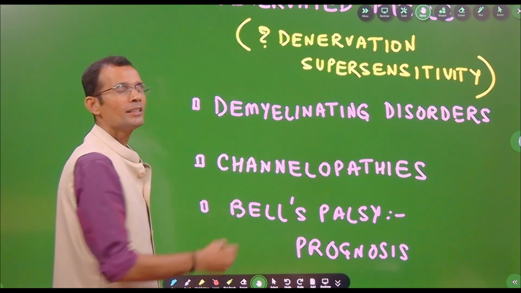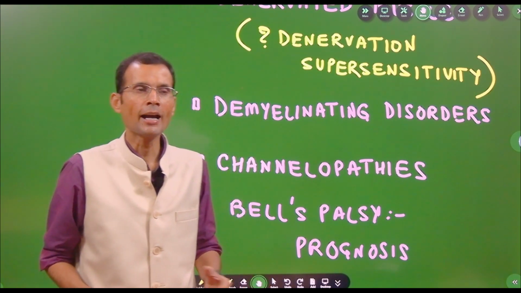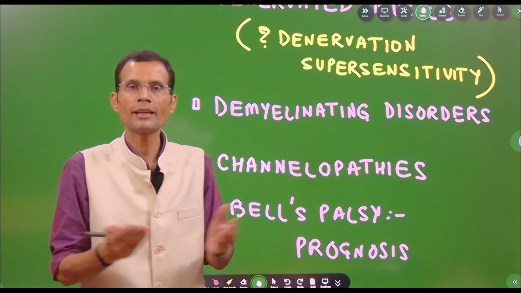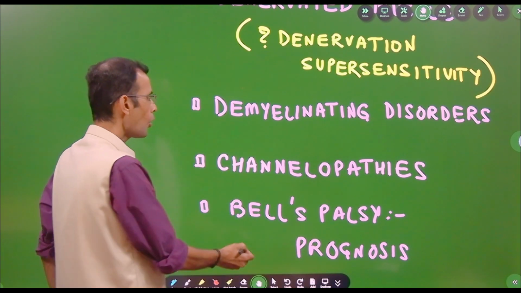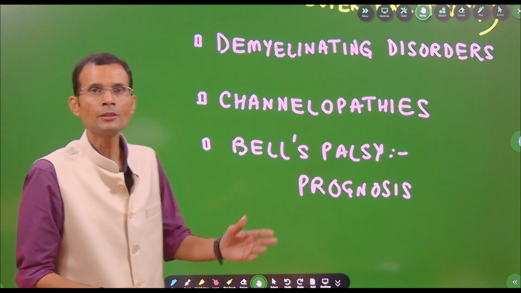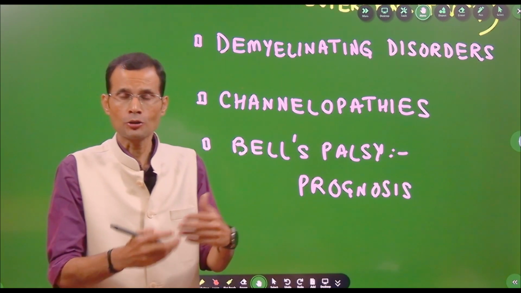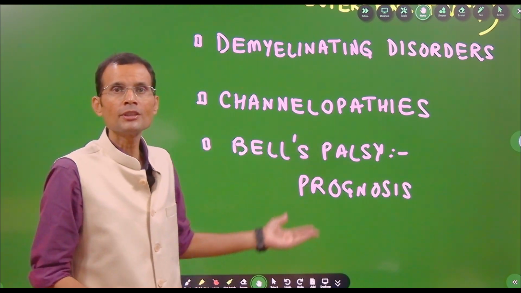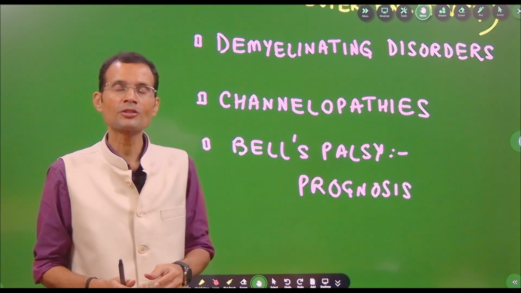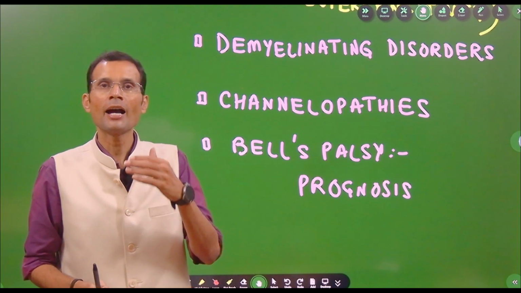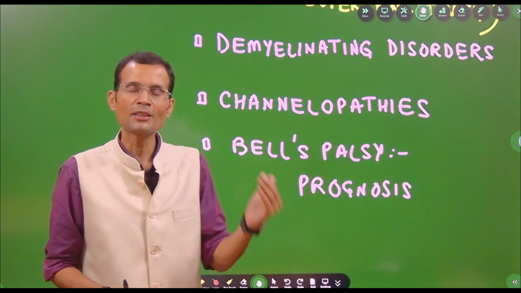Or channelopathies, certain channelopathies, and they alter the currents, ionic fluxes are altered, so the excitability will get altered. Or as I mentioned, Bell's palsy, the prognosis can be ascertained or seen on the basis of these experiments. So that was the chronaxie, rheobase, utilization time, and overall the strength duration curve.